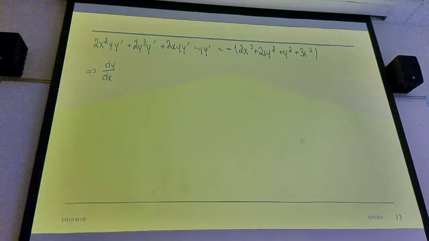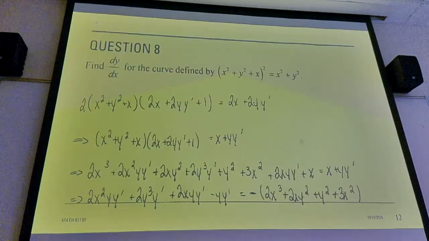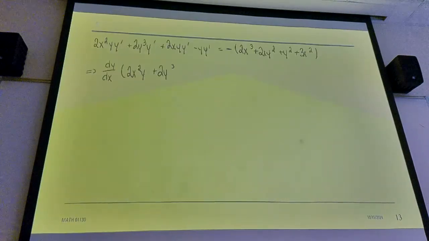Wait, that step at the top, is that after the x was factored out? That's just repeating it from the last slide. Or was it factored out on the last slide? No. Alright, so still writing this way. So it's the same thing as the last step.